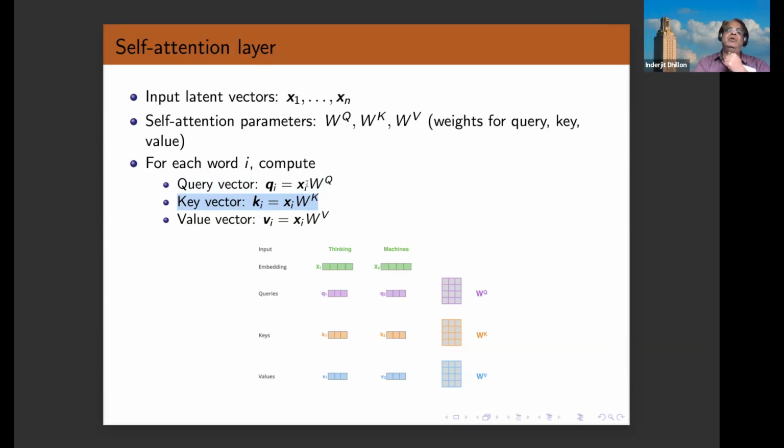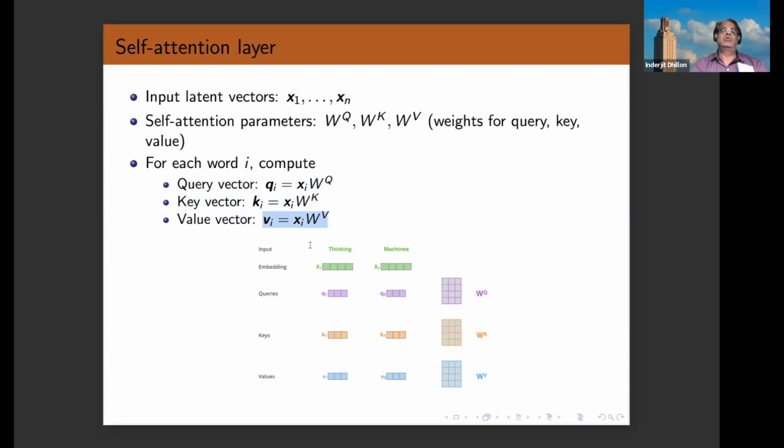You could have used WQ here and WQ there also, but this gives it more flexibility. WQ is different from WK. And then there's also something called the value vector, that is xi times WV.